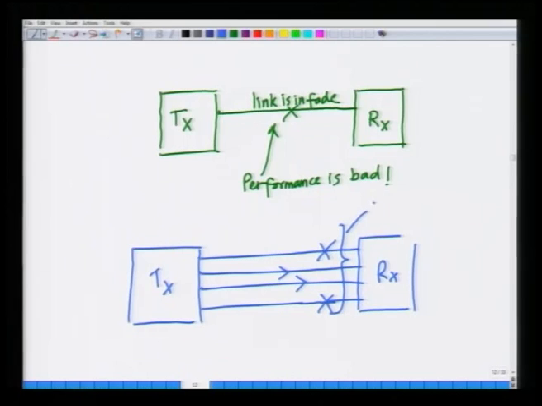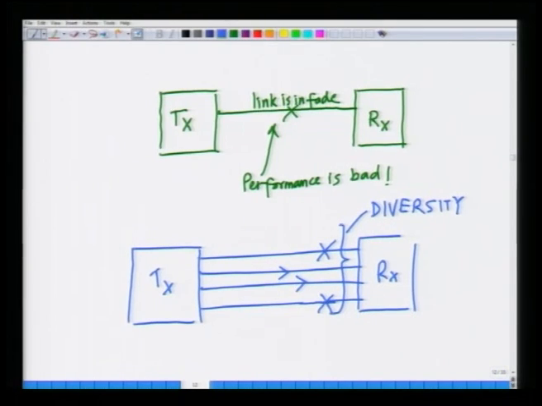This is fundamentally nothing but diversity. Instead of a single link, I have a diversity of links, that is, there is a diverse number of links over which information can be transmitted between the transmitter and the receiver, so that even if 1 or 2 links are in a deep fade, the rest of the links carry the information.